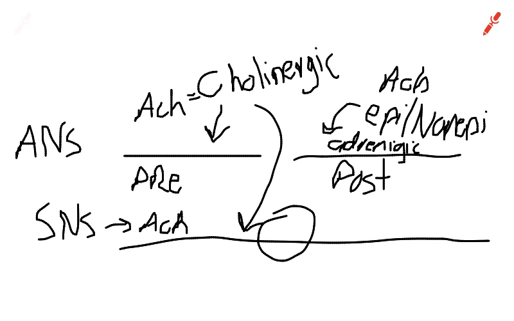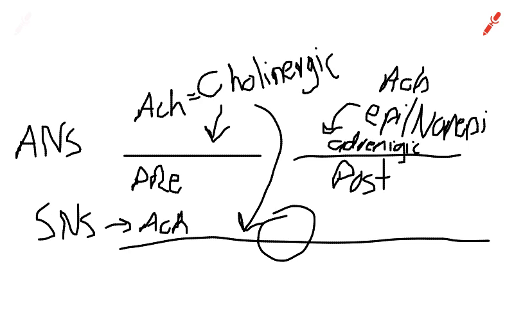Adrenergic always releases epinephrine or norepinephrine. So those are the two main things, cholinergic and adrenergic. Acetylcholine is always released from cholinergic, epinephrine or norepinephrine is always released from adrenergic, and thus the preganglionic must be cholinergic because it always releases acetylcholine.